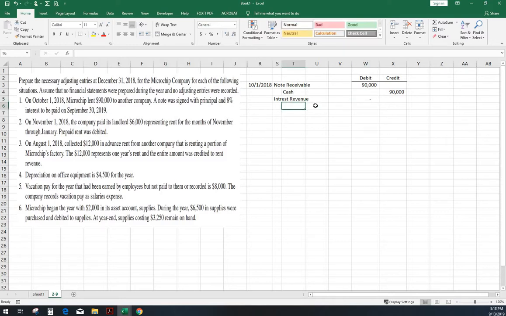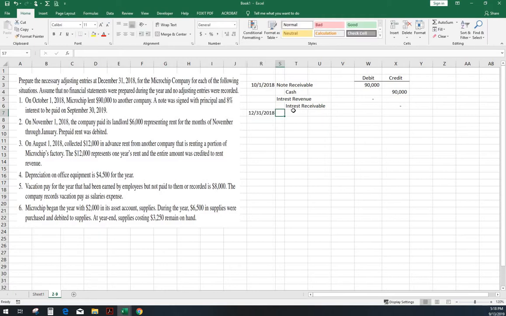And we also would have had interest receivable, and that's zero. So you can think of that as like when we opened up the loan, we opened up a receivable account, getting ready to receive that interest. On the day that we opened it, obviously it's going to be zero, but the next month it will go up, and the next month it will go up, and then finally on 12/31, 2018, we're going to receive that money.